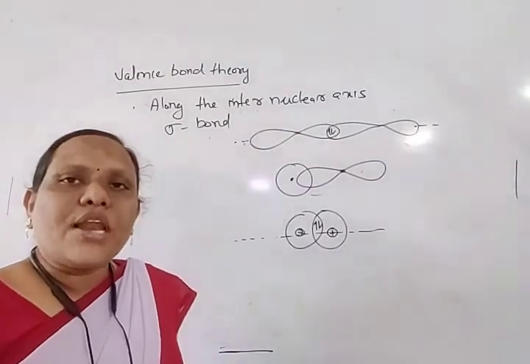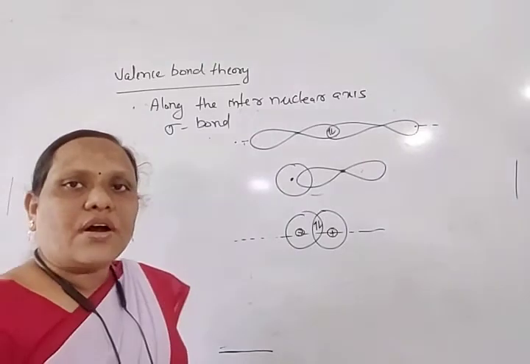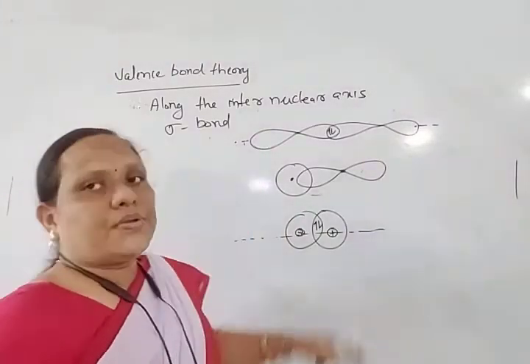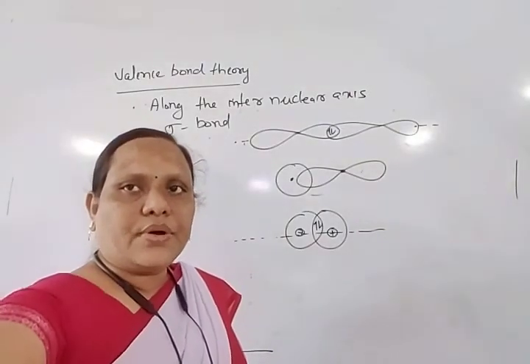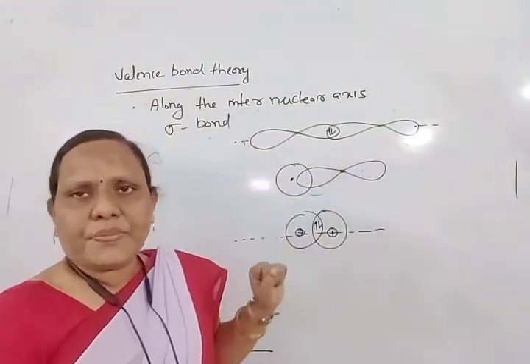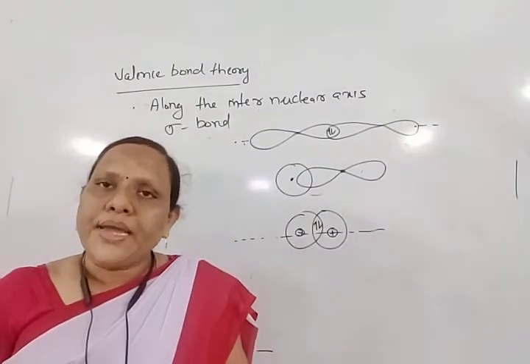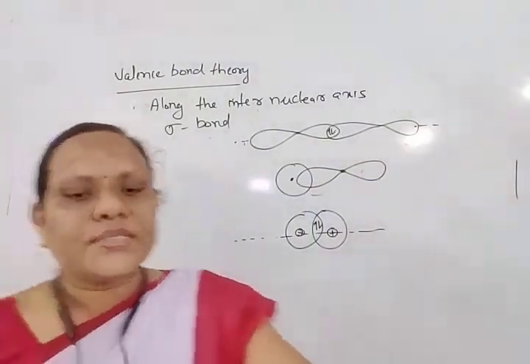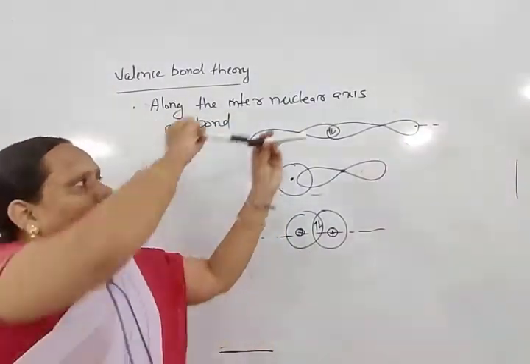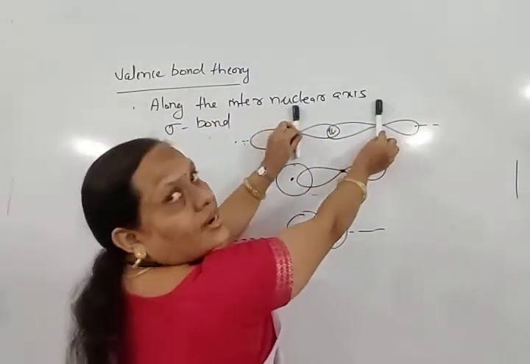And if the overlapping takes place perpendicular to the internuclear axis, that is called the pi bond. Look here, if these are the px and px orbitals, the other orbitals remain perpendicular to them. Suppose these two orbitals remain in this way, and another two orbitals also remain like this.